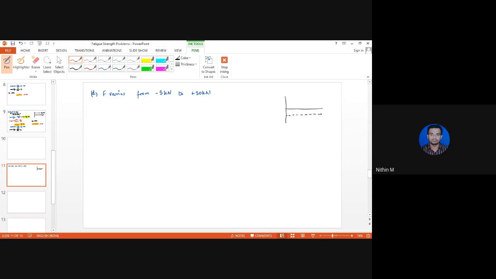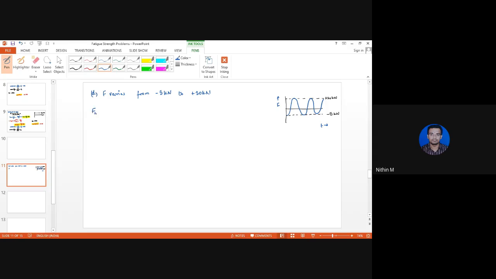The minimum force is minus 5 kilonewton, the maximum force is plus 20 kilonewton. So it begins from minus 5, goes all the way up to plus 20, drops down to minus 5, and the cycle continues. This is force, this is time.